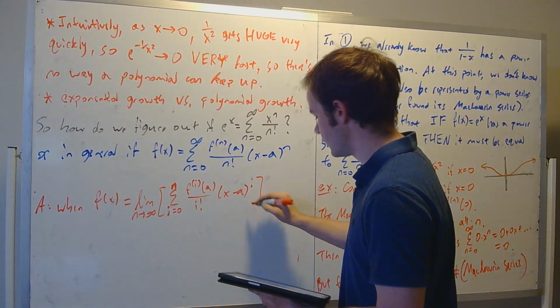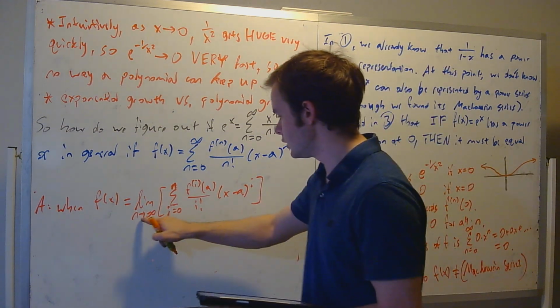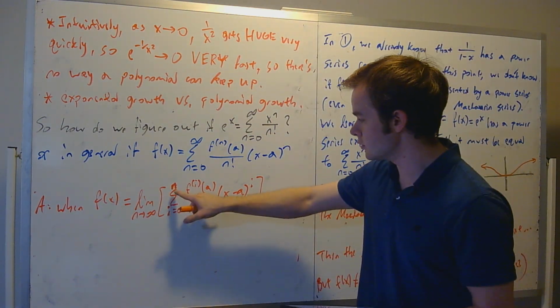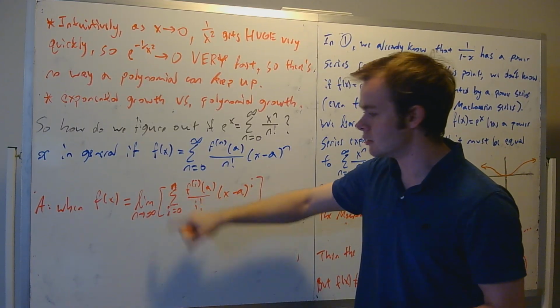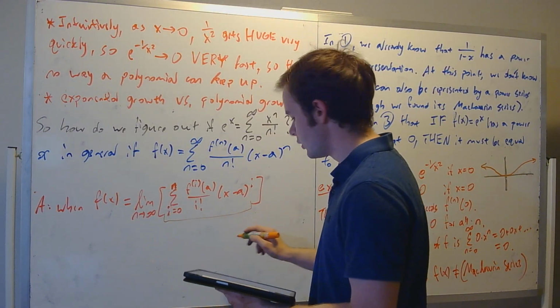So if we look at the inside, we're taking the limit of what would be called partial sums, because you're just adding together the first n terms, and you're taking the limit as n goes to infinity.